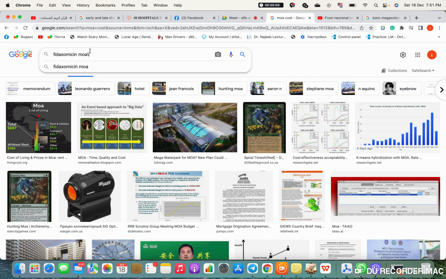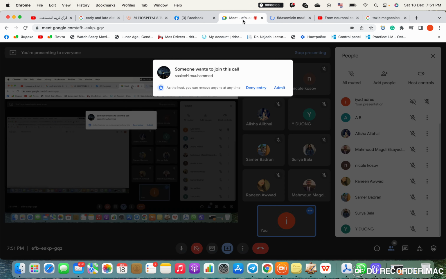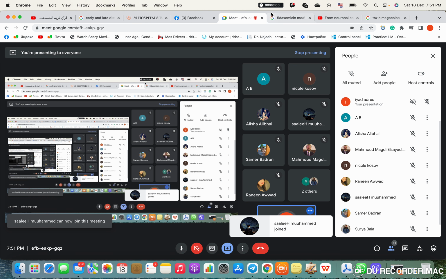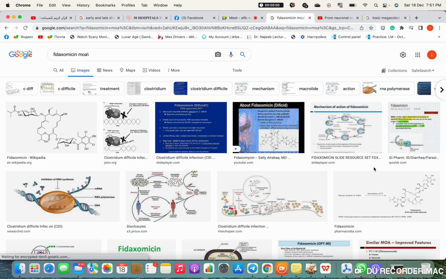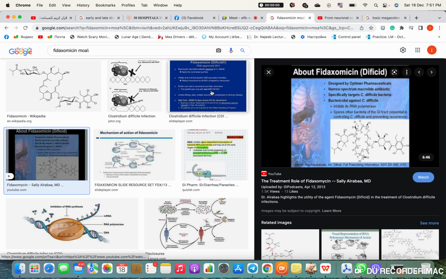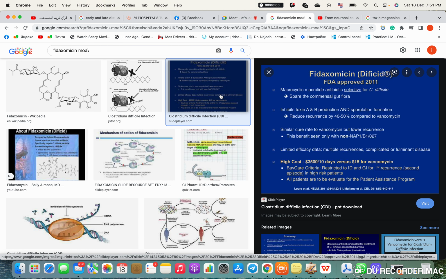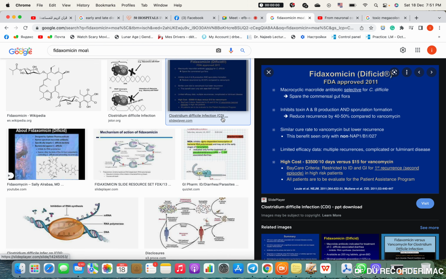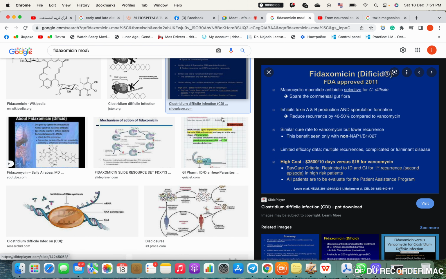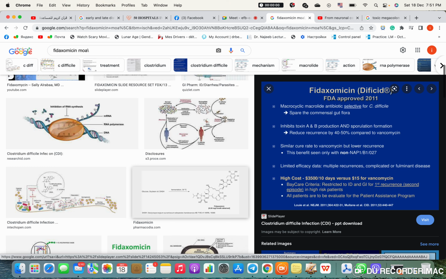Mechanism of action. You must know about this one. So when we speak about fidaxomicin, the mechanism of action goes something like this. First of all, just a second, it works on something called the gamma subunit. So this gamma subunit of the what? Basically the RNA polymerase.